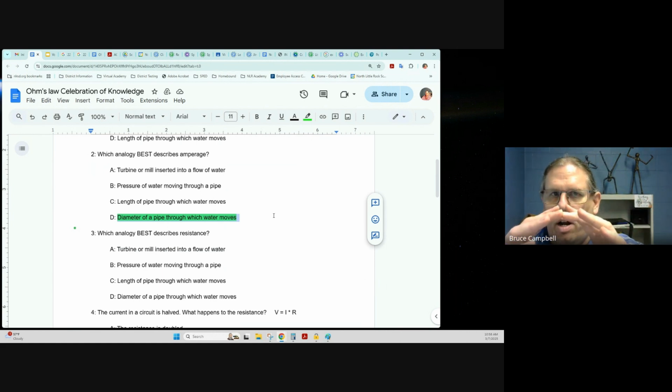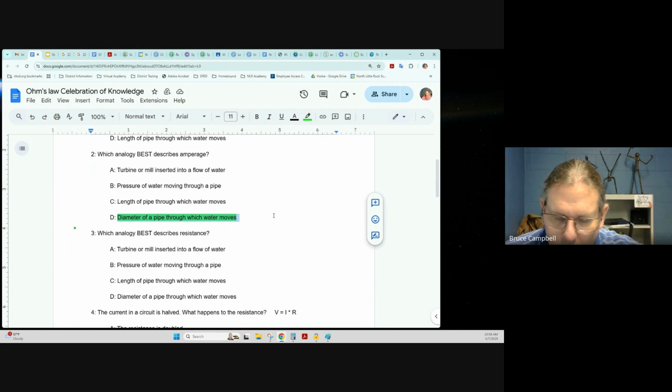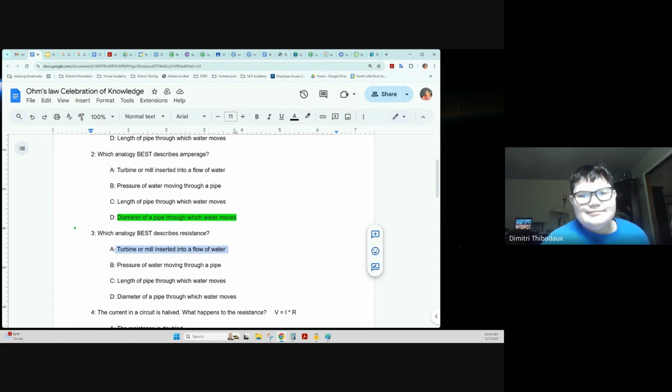And the pipe gets crushed a bit, or we're using the water to turn a turbine or a windmill, right? A water mill. So which analogy best describes resistance? It's A. Everybody agree with a turbine or a mill inserted into the flow of water? Yeah. Okay.